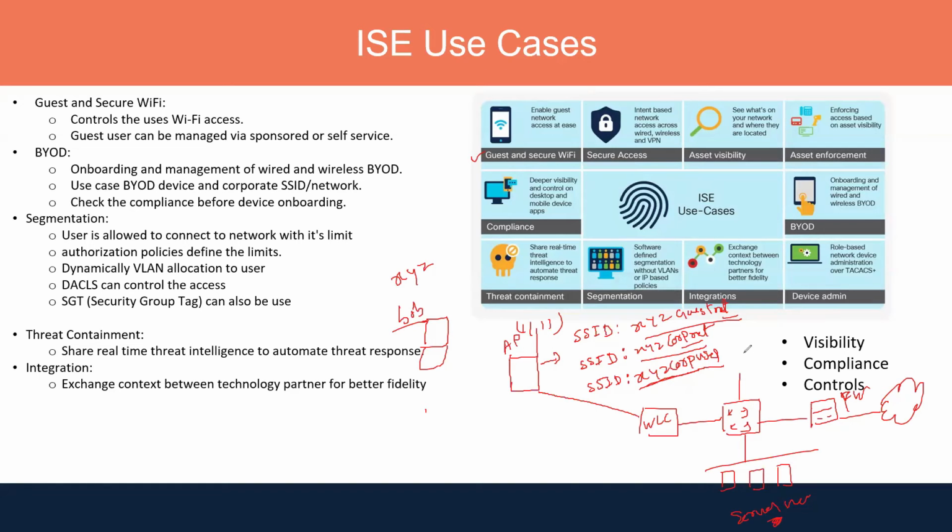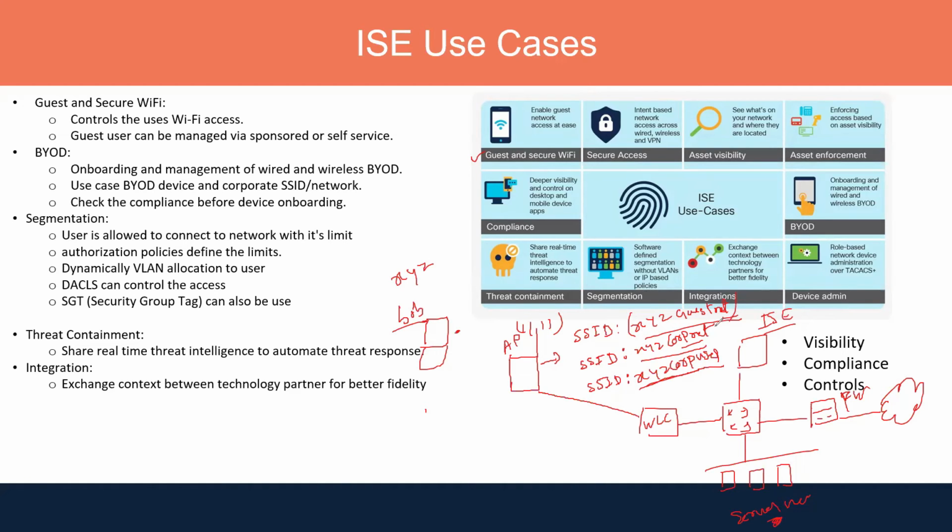But if you have Cisco ISE over here, it would be able to identify more. It is not only looking at the username and password, but also at which SSID he is coming from.